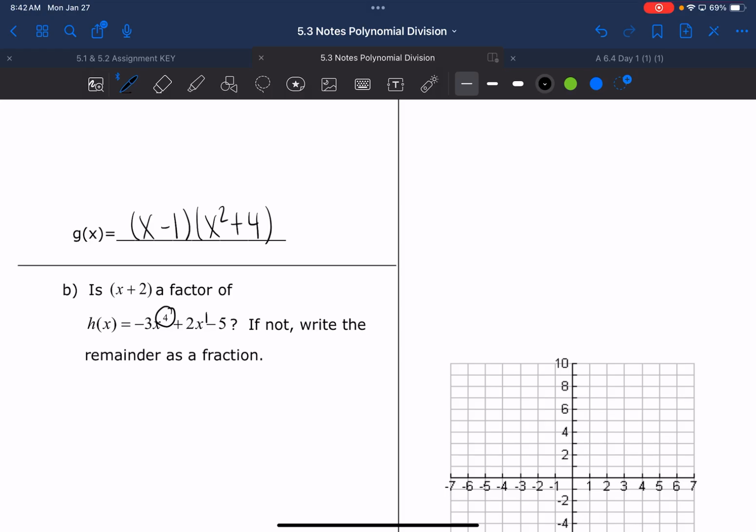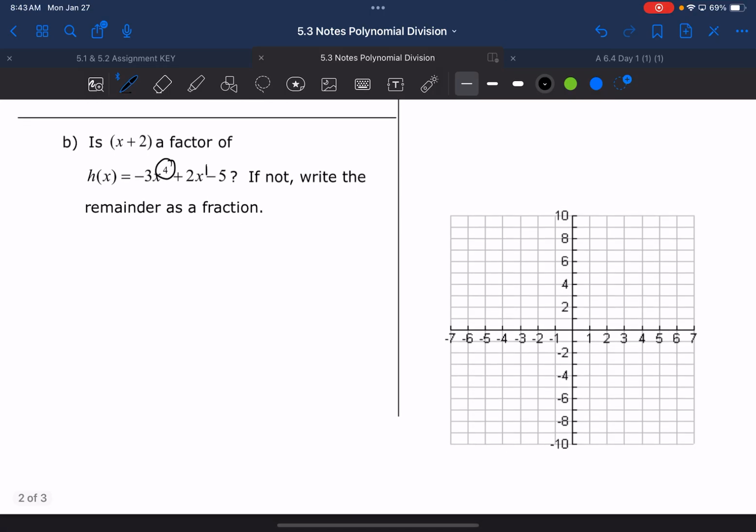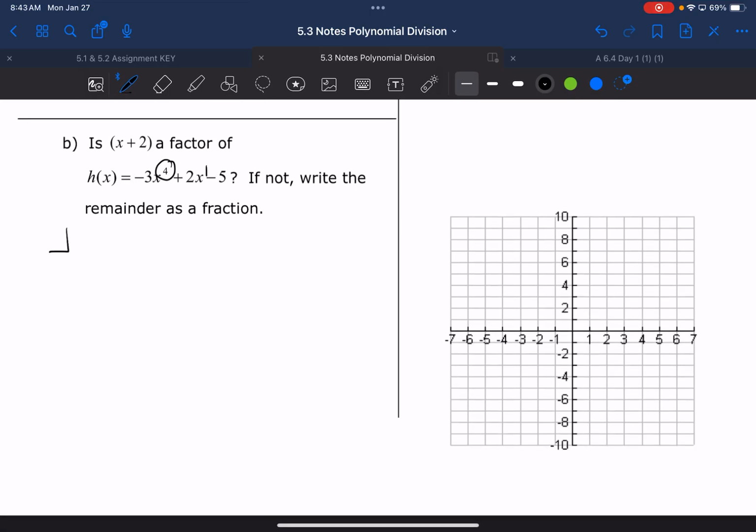Okay, guys. So part B said, is x plus 2 a factor of this polynomial? If not, you need to write your remainder as a fraction. All right, so what did we put in our small box here? -2. All right, and then what were our coefficients?